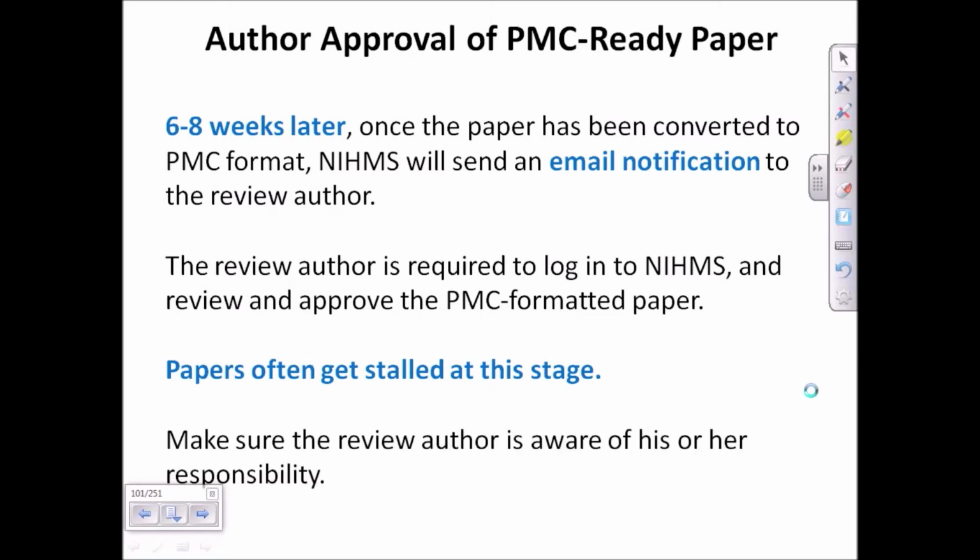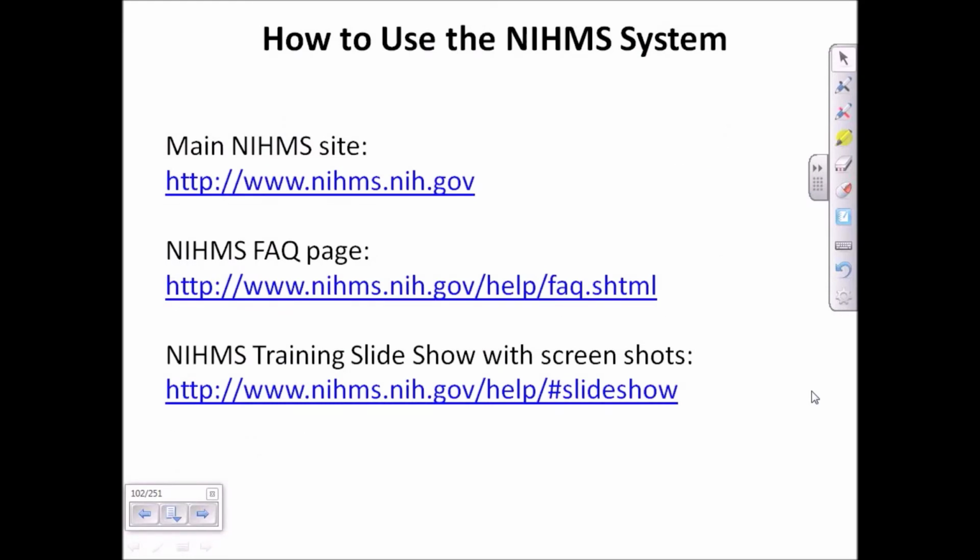Some links for how to use the NIHMS system. The main website is given there at the top. The best place to go is this bottom link here, where it's a slideshow that takes you step by step through the process, from the login to uploading the paper.